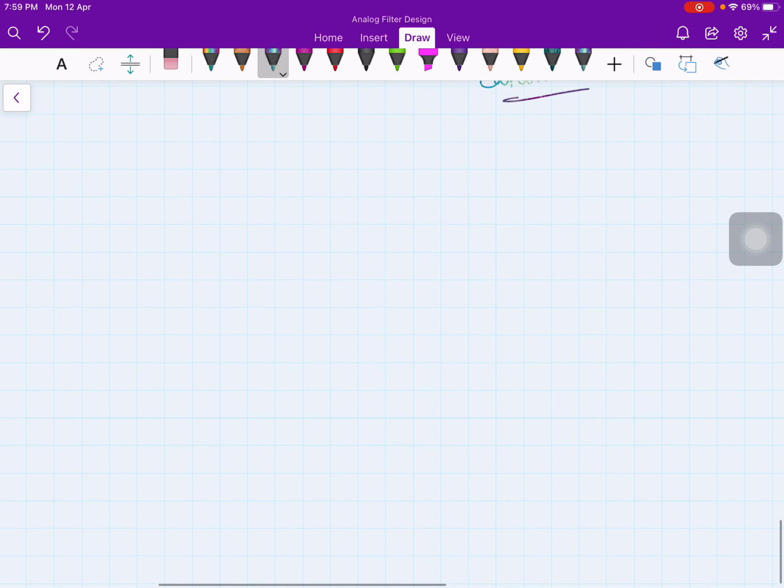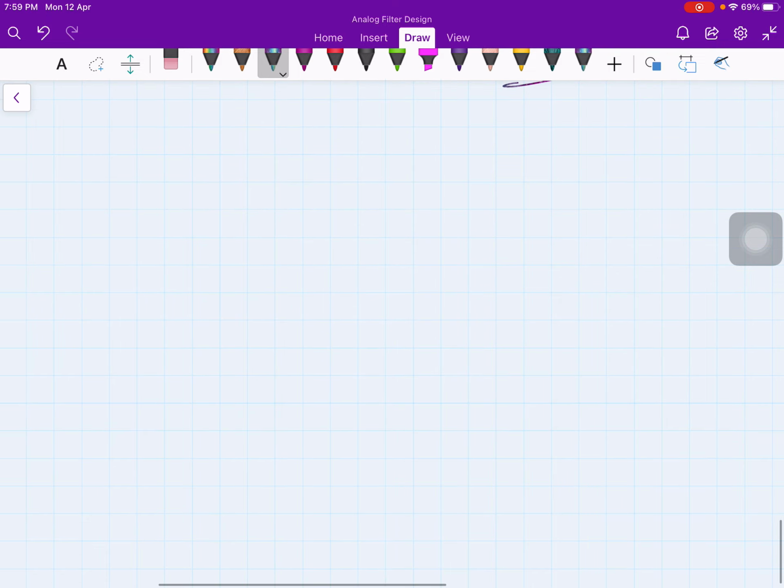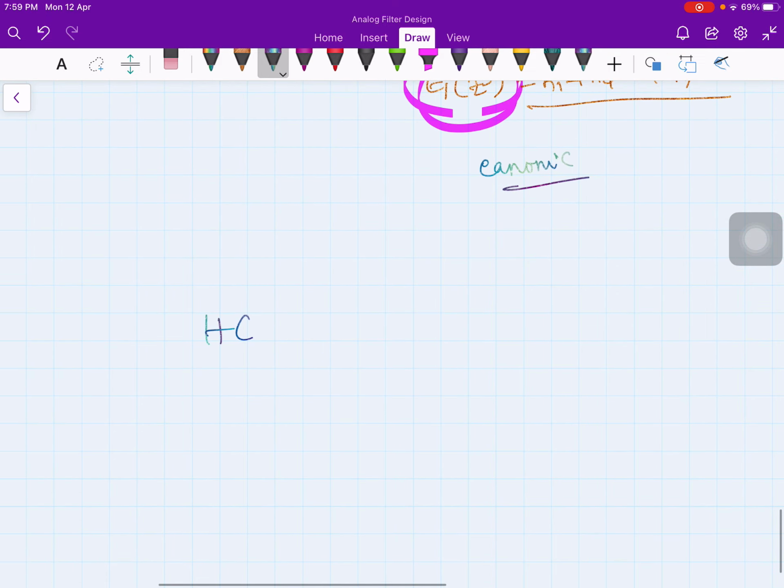Okay. So in general, if your transfer function h of z is equal to h0 plus h1 z inverse plus dot dot dot plus h suffix capital M minus 1 z to the minus capital M minus 1.